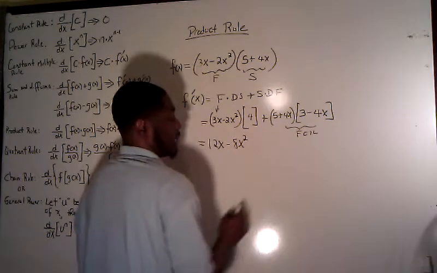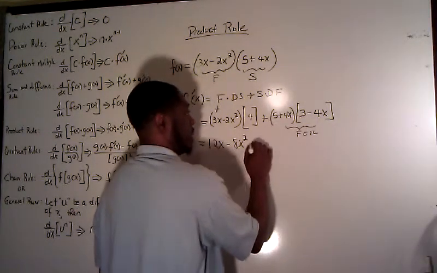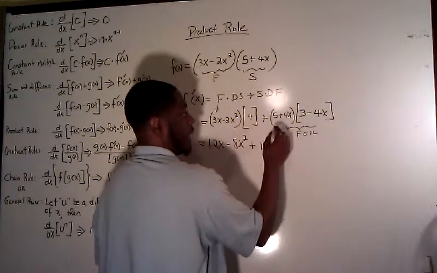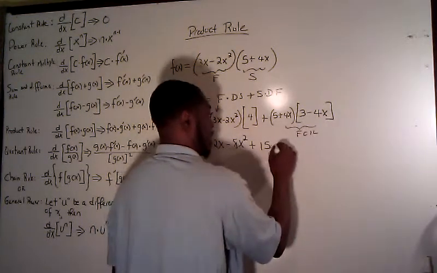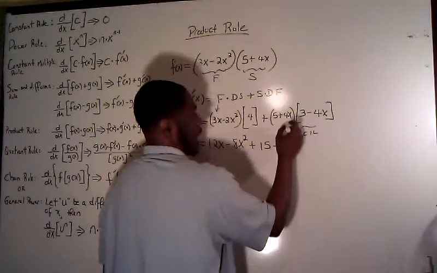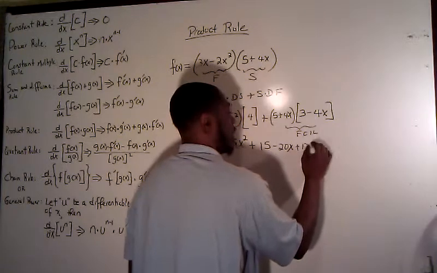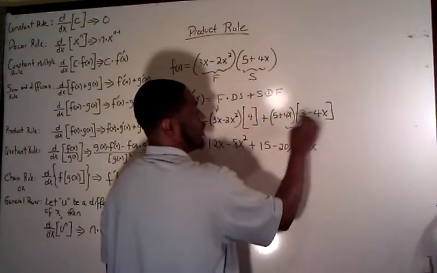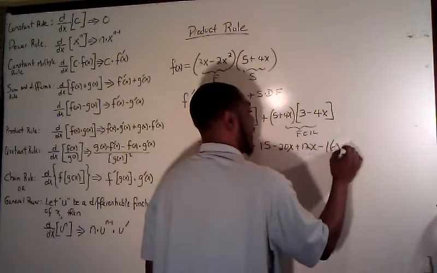First, outer, inner, last. So FOIL first, which is 5 times the 3. This is going to be, what, 15? Outer, 5 times minus 4x. That's going to give me a minus 20x. Inner, 4 times 3x. That's going to give me a 12x. And the last is 4x times 4x. That's going to give me a minus 16x squared.